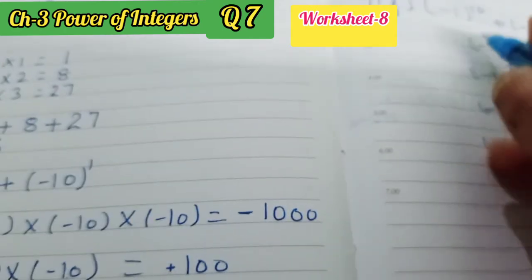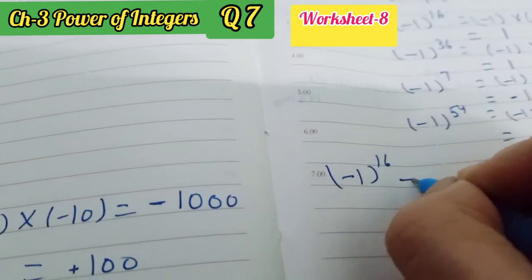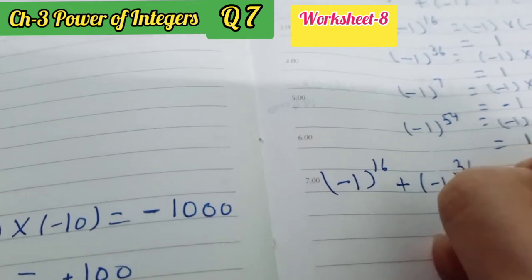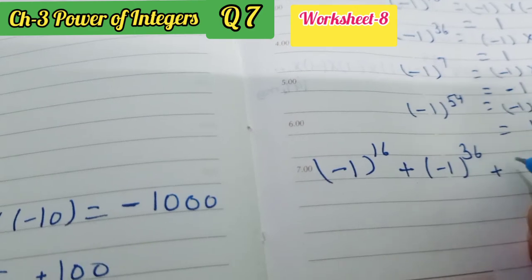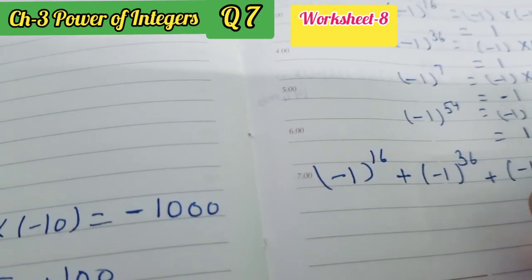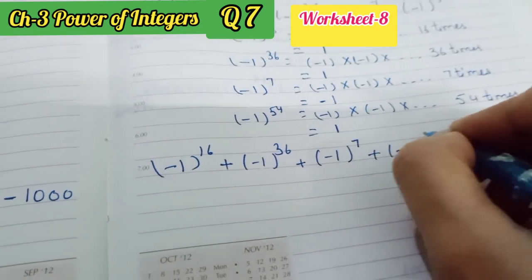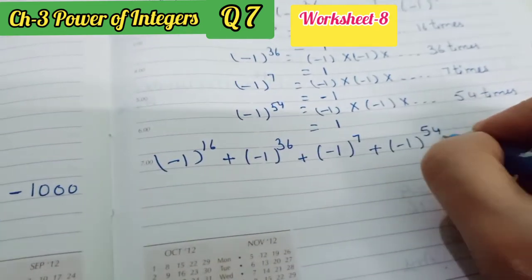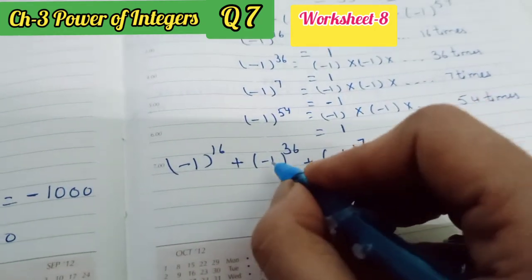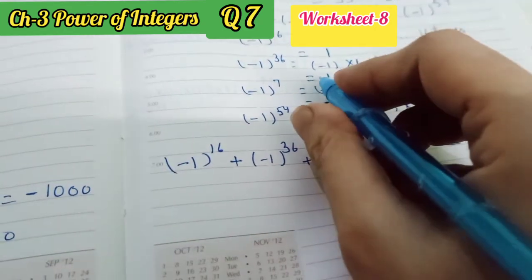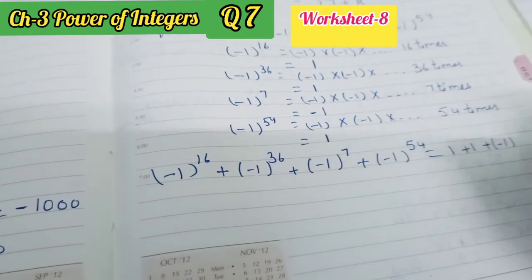Now solve, put the values in this given question. Minus 1 raised to power 16 plus minus 1 raised to power 36 plus minus 1 raised to power 7 plus minus 1 raised to power 54. This will become 1, this will become plus 1, this will become plus minus 1, this will become plus 1.